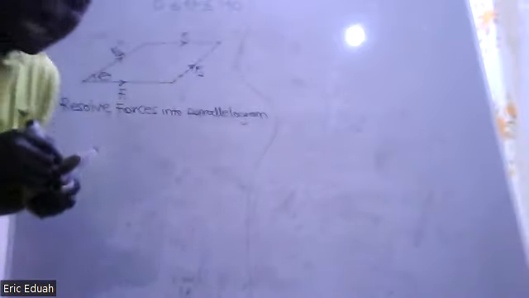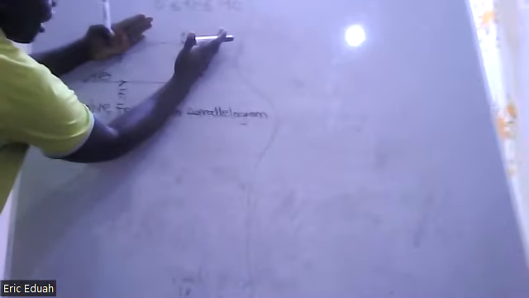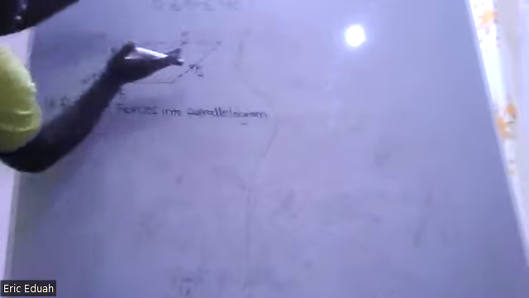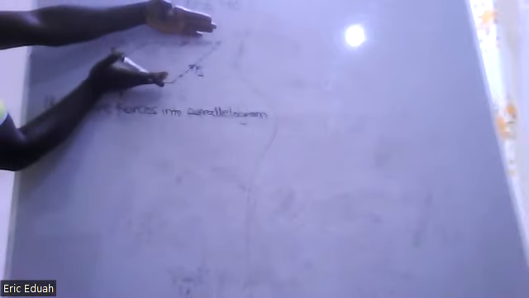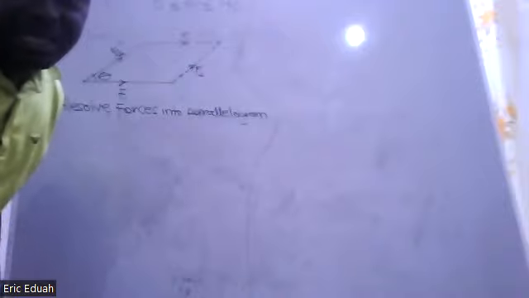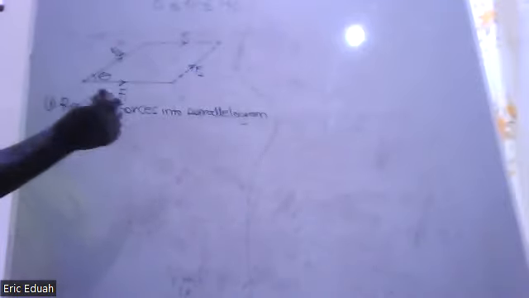Look at what I've done. I've created a four-sided figure with opposite sides equal and parallel. This side is also equal and parallel. And this is what we call a parallelogram. Mirabel, are you fine? You are welcome.